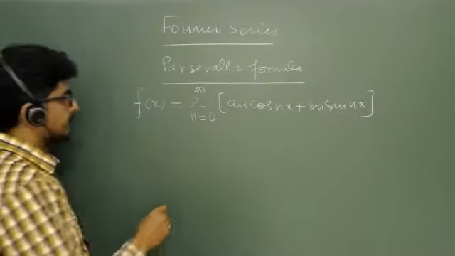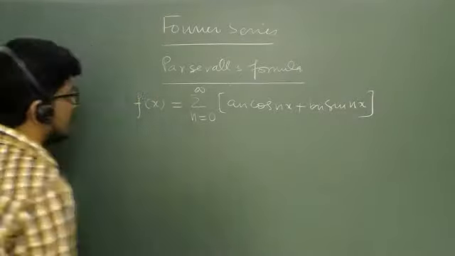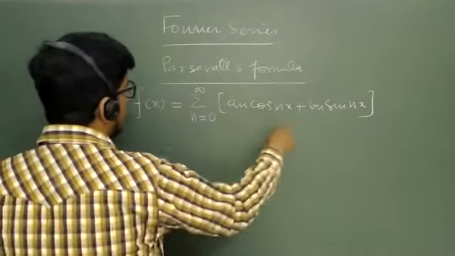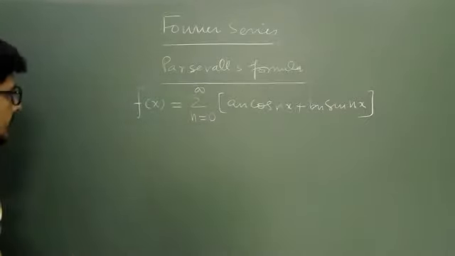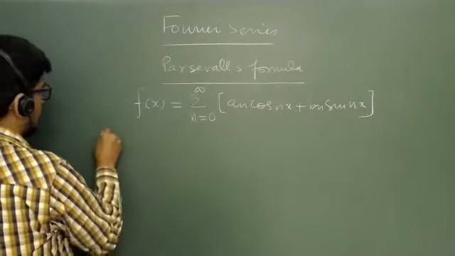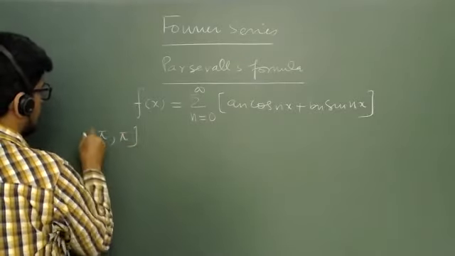And then there is a relation between this a_n and b_n, suppose it is for the minus pi to pi range.